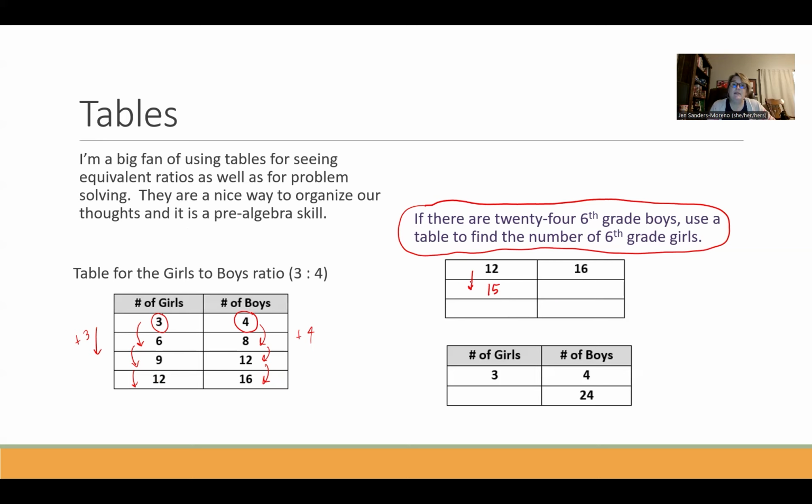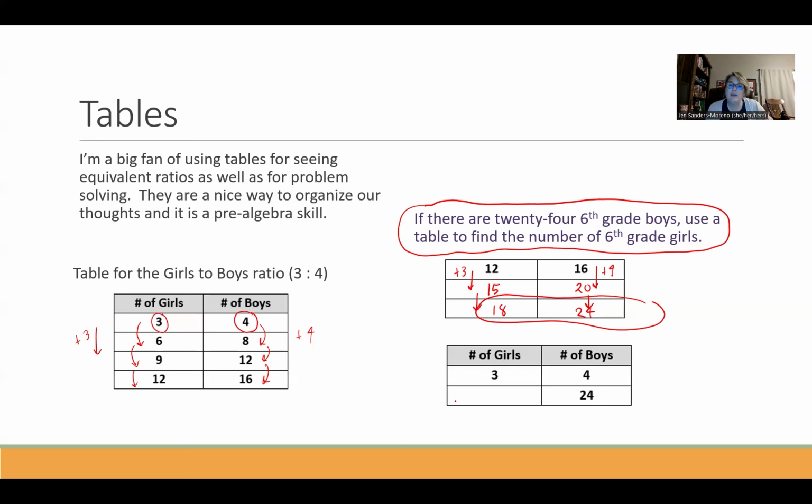So I'm adding 3 on this side, adding 4 on this side. Do it again. And boom, this row now is going to represent our answer. Okay, so that's one way we can solve is just to follow down that whole table until we get to the row that relates to our problem.